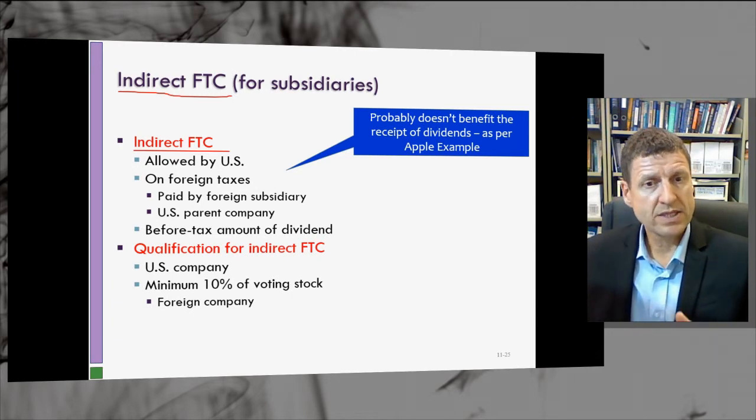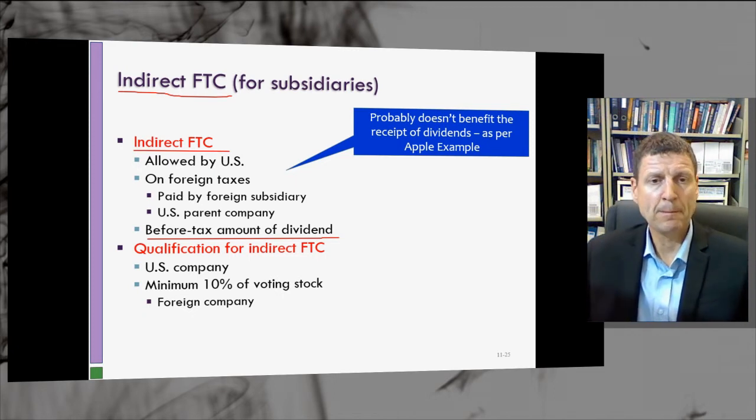And what does that mean? There is an adjustment to work out the before-tax amount of that dividend, and then there's a credit given for that amount of tax paid in the US tax income calculation.